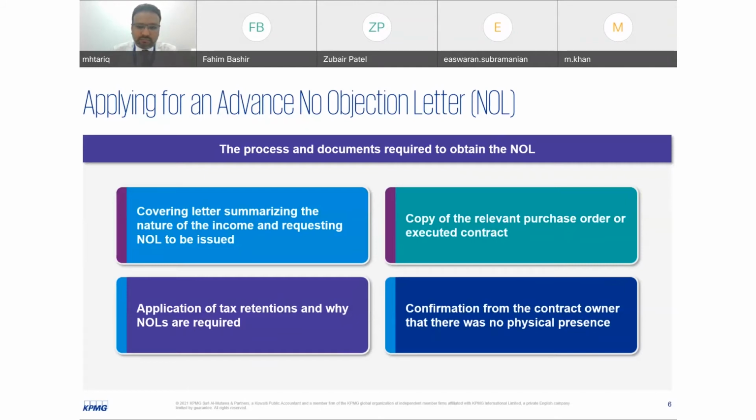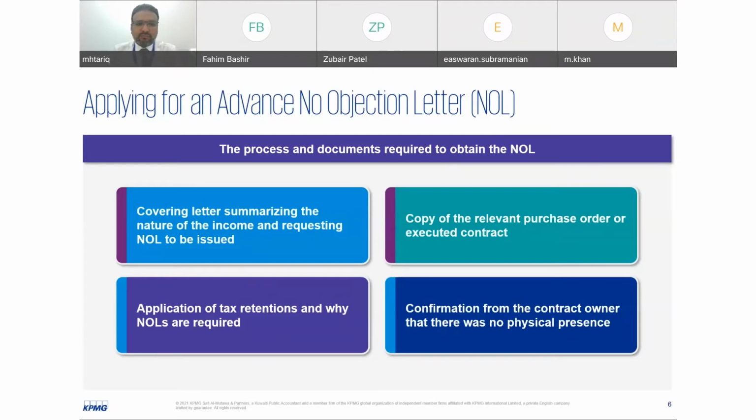A lot of what we do in terms of trying to apply for the advance NOL is really based on practice and sometimes trial and error. So if you're not sure, or if internally a company would like to get more confirmation on their activities being taxable and a tax return being required, or whether the NOL route is applicable, the suggestion is that you can go for the NOL route.